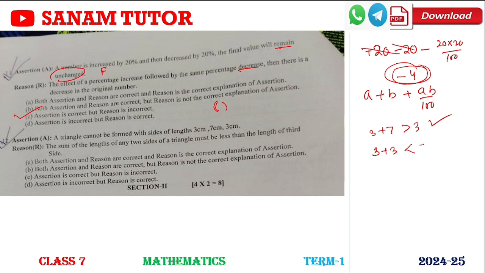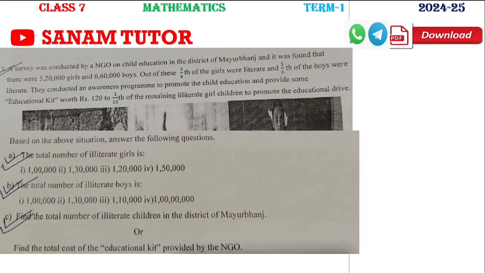No, it is less than 7, not satisfied. So a triangle cannot be formed, so the assertion is true. Now the reason: the sum of the lengths of any two sides of a triangle must be less than the third side? No, greater than. So this one is false. So the assertion is true and the reason is incorrect. Option C.